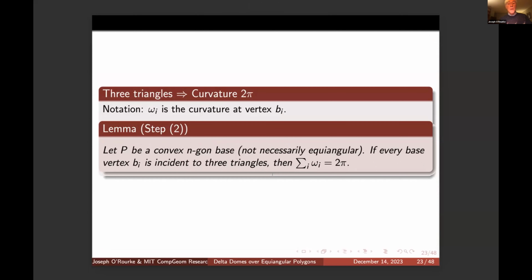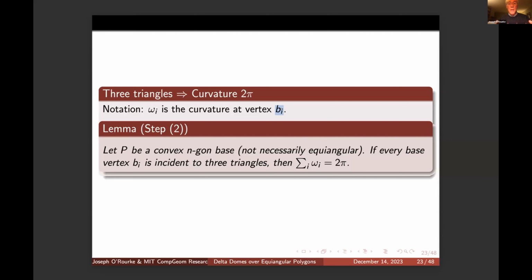Step 2, I'm not going to prove, but I will just tell you what it is. Let omega sub i be the discrete curvature at a vertex P sub i. So what that means is that it's the total angle gap with respect to 2 pi, 360.